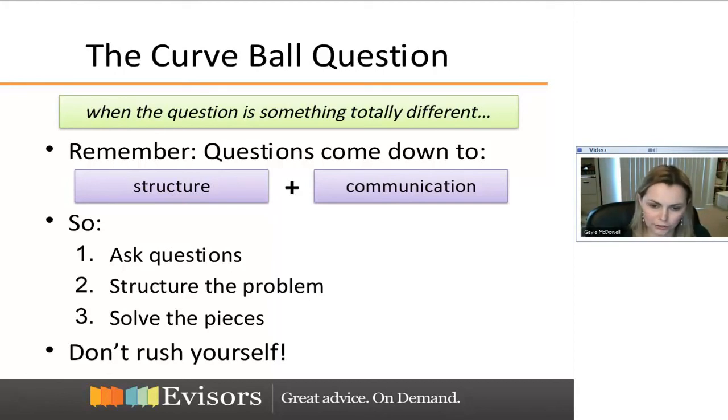Even if you get a crazy wrong answer, at least if you've done that, you will have shown that you don't make assumptions about who the user is, and that you can communicate in a structured fashion. And that's at least half the battle. And never rush yourself. Take your time, be patient. This is not a race.